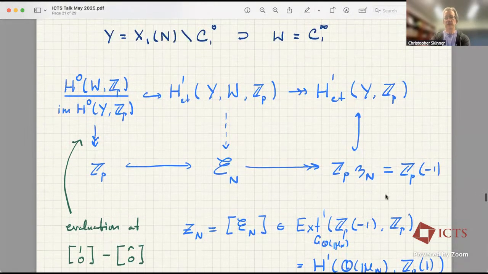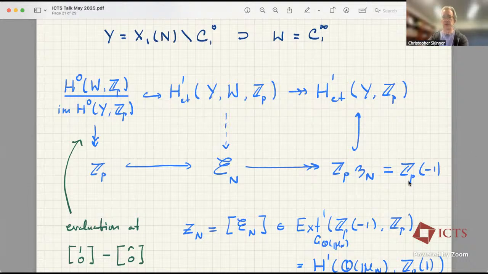So let's review the construction. We looked at the cohomology of this variety Y. We looked at a very simple class arising in Y from a very simple automorphic form, in this case an Eisenstein series, and that gave us a very simple Galois submodule.